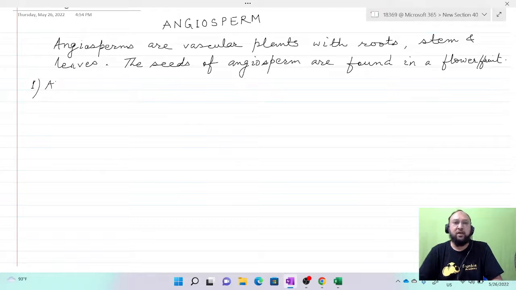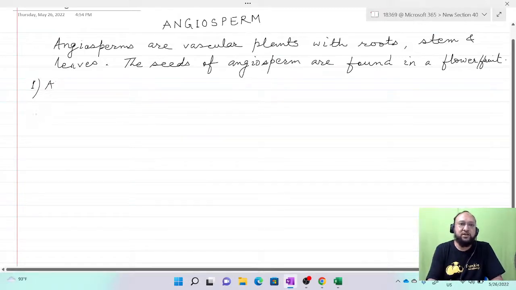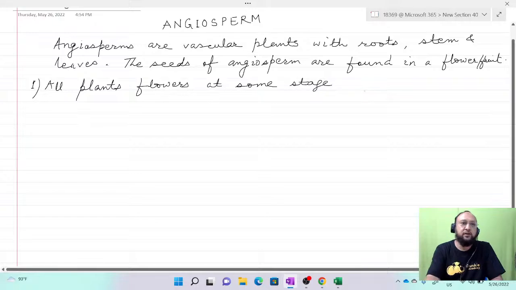So all angiospermic plants have flowers at some stage in their life.